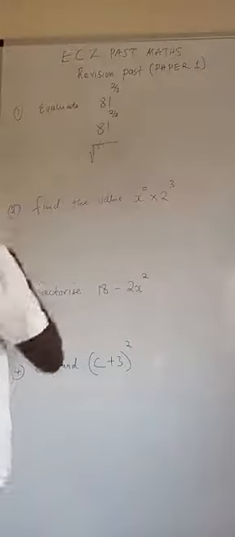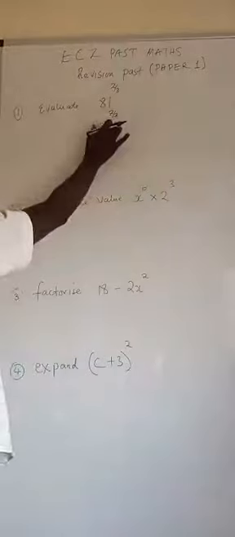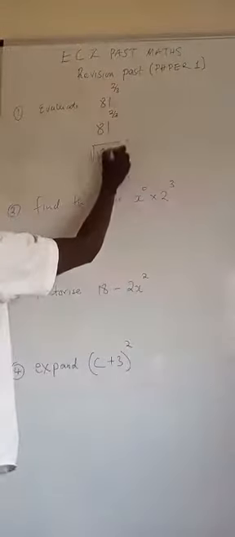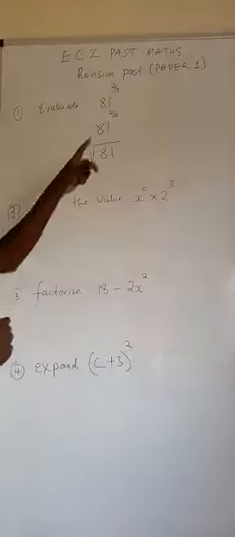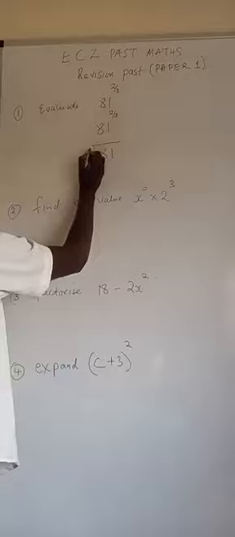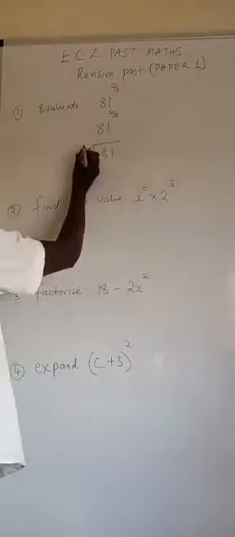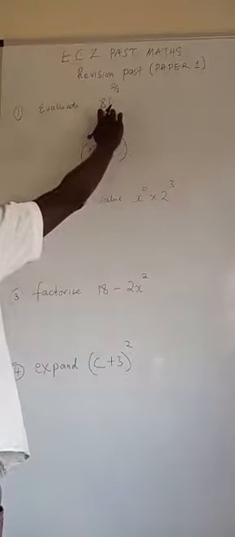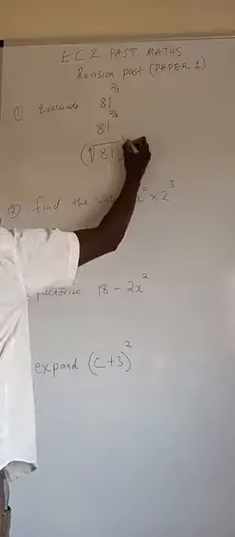Then this 81, you bring it inside the square root. And then the number down here, which is 3, you bring it in front of the square root. Then you put brackets outside. And then the number on top, which is a fraction, 2, you bring it outside the brackets.